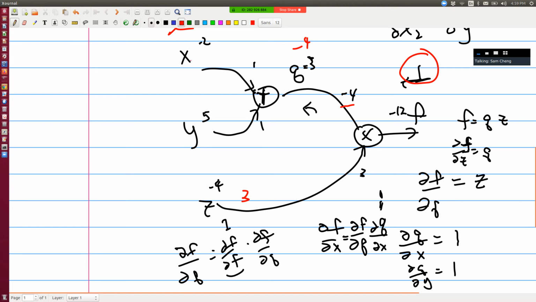So this one, here, partial F, partial X, then -4 times -2. Wait. Here, not this one. This one is input. Oh, yes, right. So therefore, this is just -4 again, right?